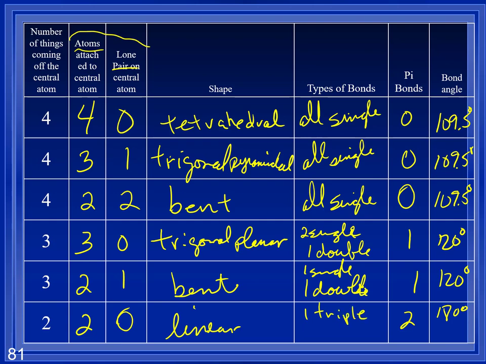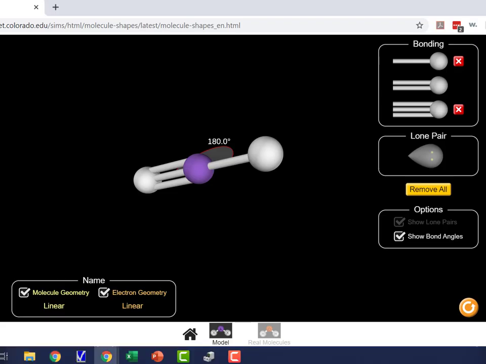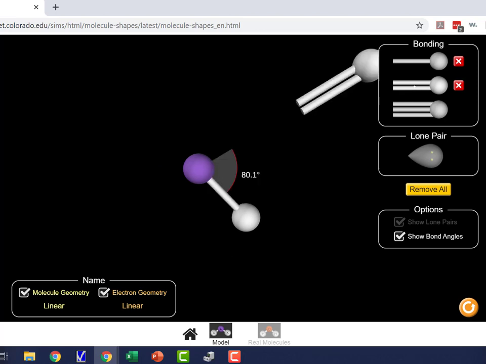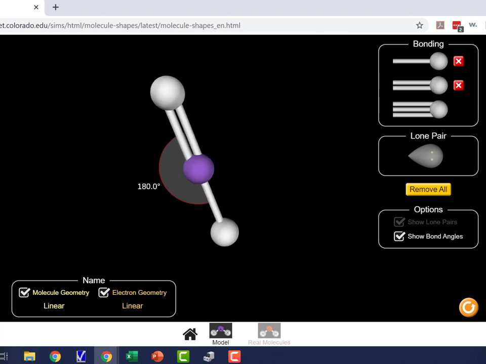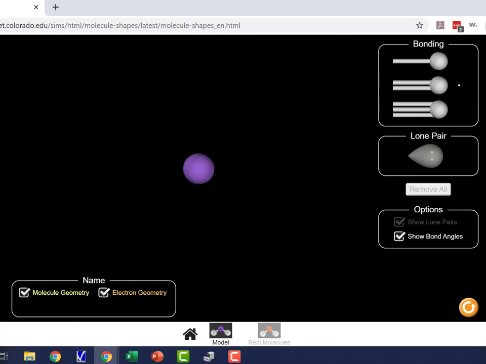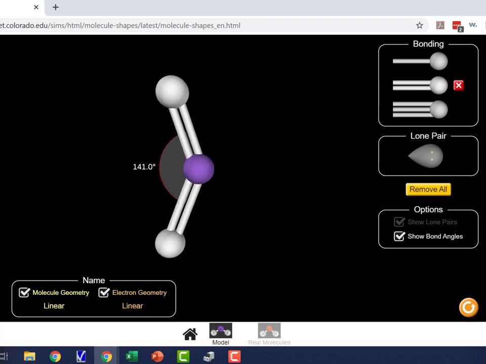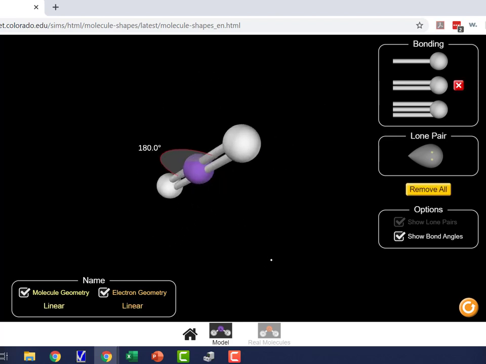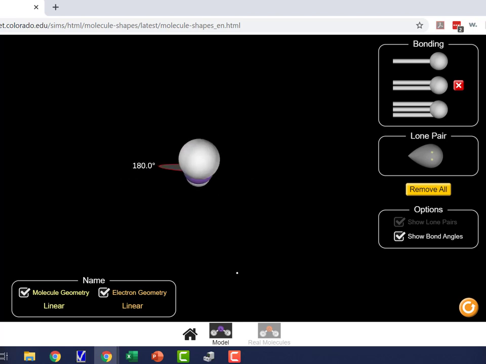But that was only one of the ways I could get to 4. There's another way to do it. Instead of having that triple, remember I had a double there first? I could have taken off the other single and made it 2 double bonds. And if I do that, I get the same shape. Shape's the same.